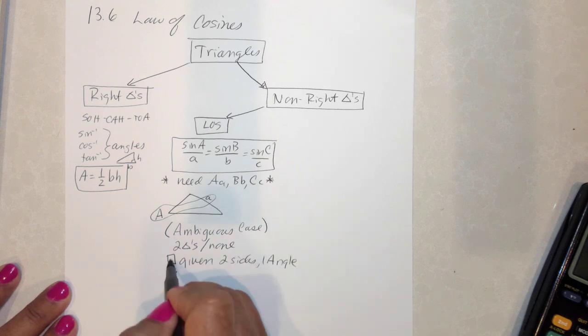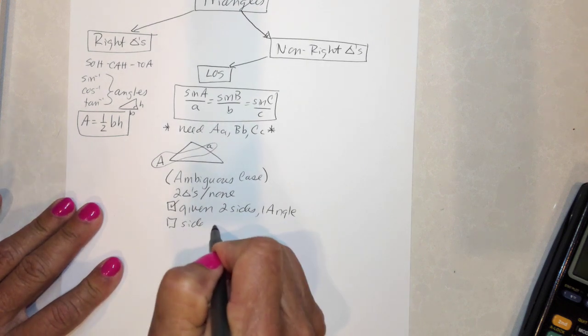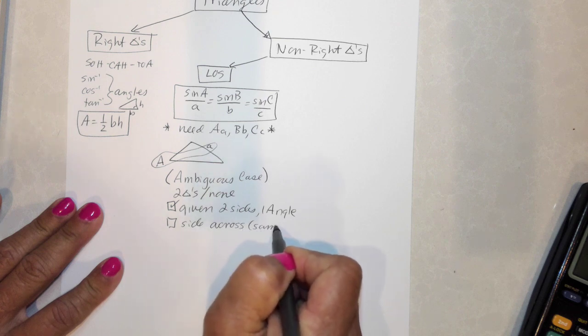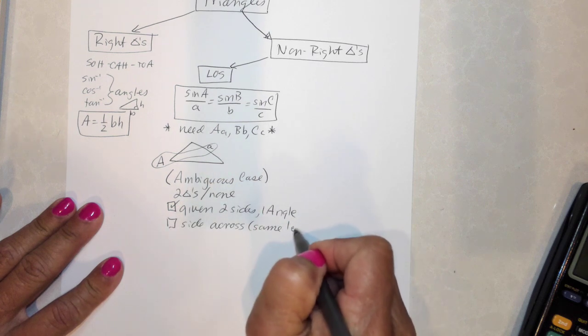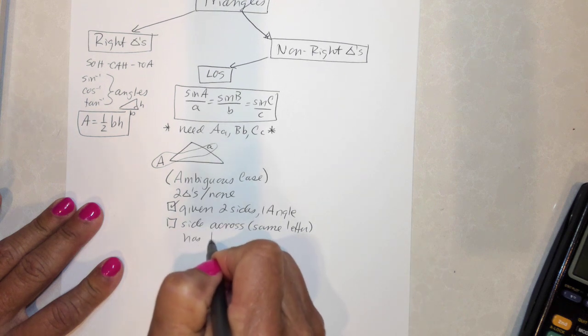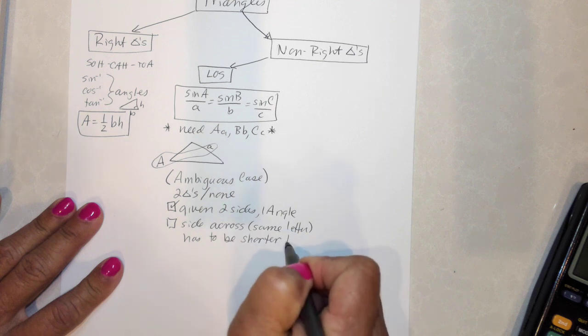And secondly, if you checked that box, the side across from the angle, so that means they would have the same letter, just like in this little picture up here, has to be shorter than the other given side.